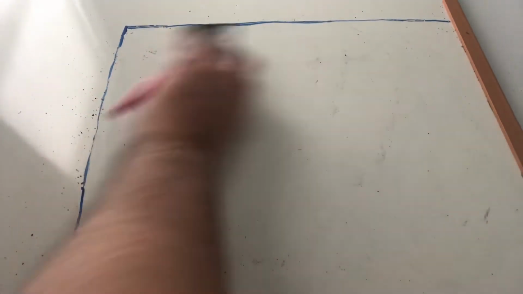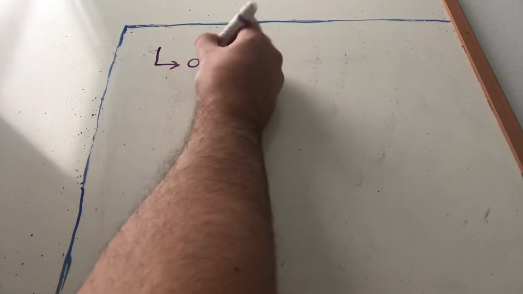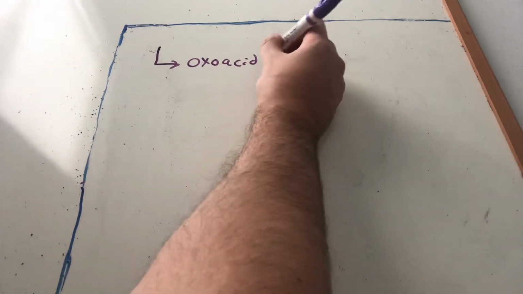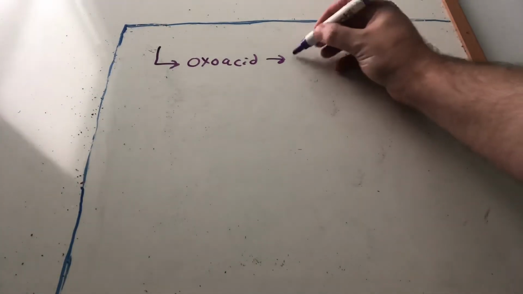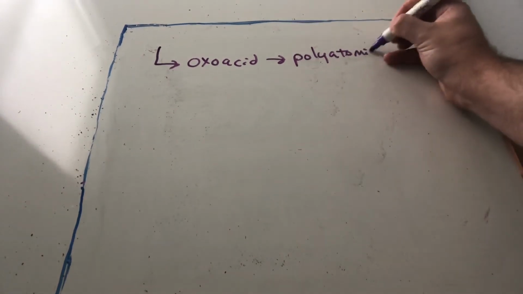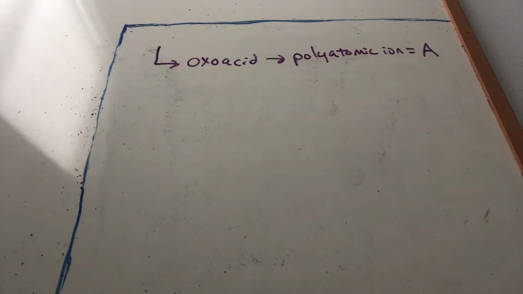The other type of acid that we have is known as an oxoacid. Now, with oxoacids, all right, you see a polyatomic ion, and that polyatomic ion will have oxygen in it. So that anion that we had listed is a polyatomic ion now.